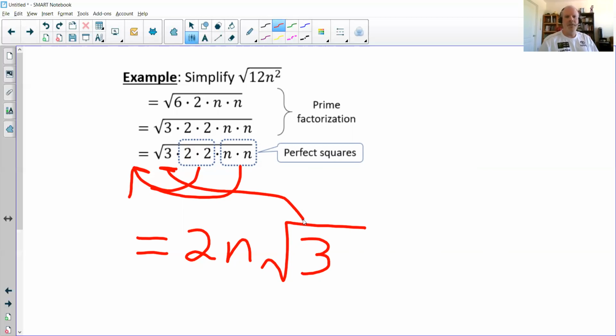So it stays under the radical roof. 2 times 2 is a perfect square, so it came out of the radical and became this 2 in front of the radical. N times n is a perfect square. I square root it, bring it out of the radical, and it becomes the n in front.